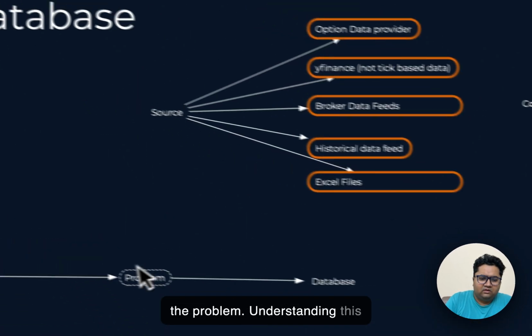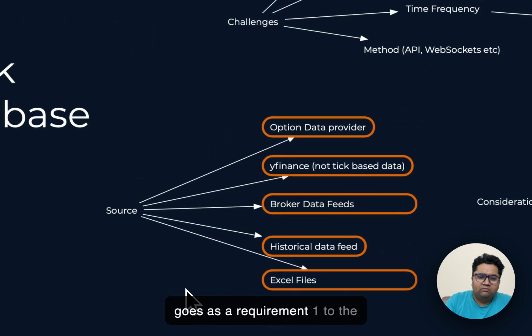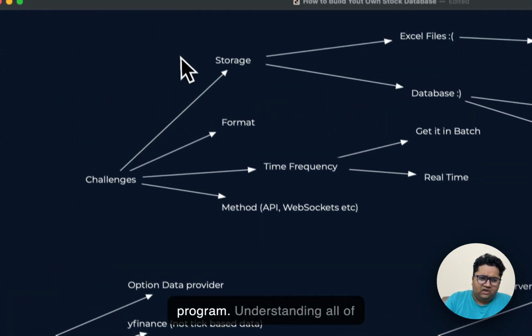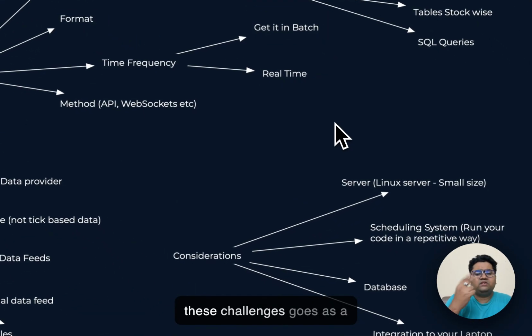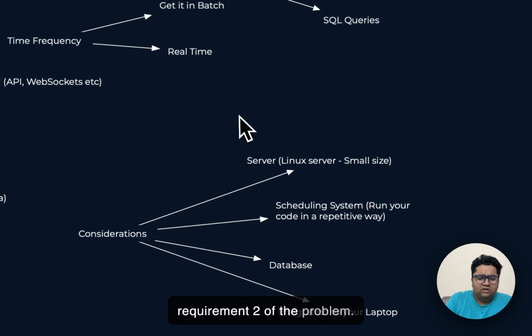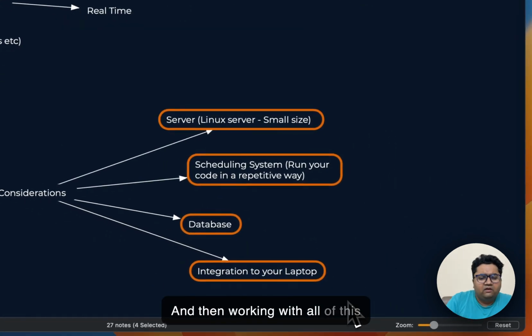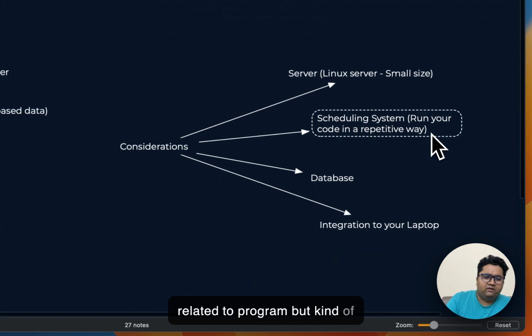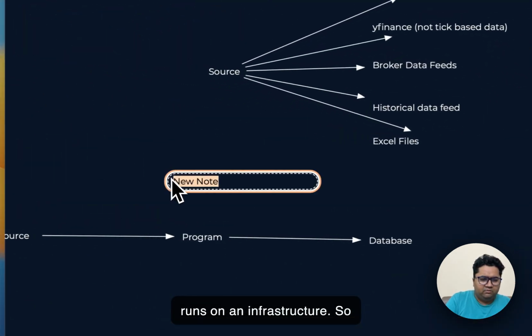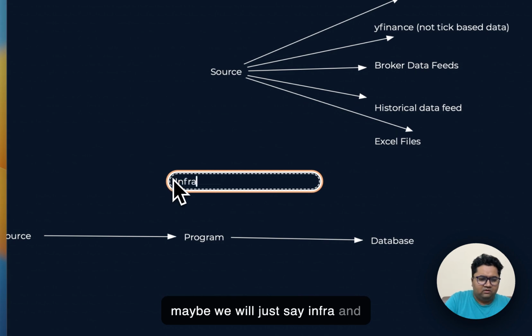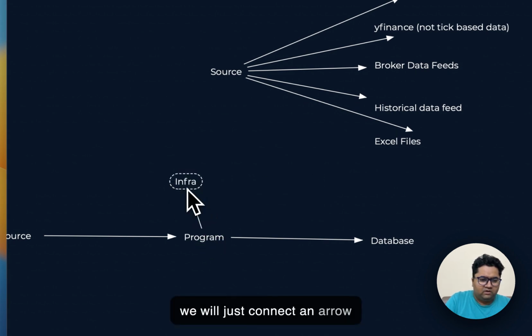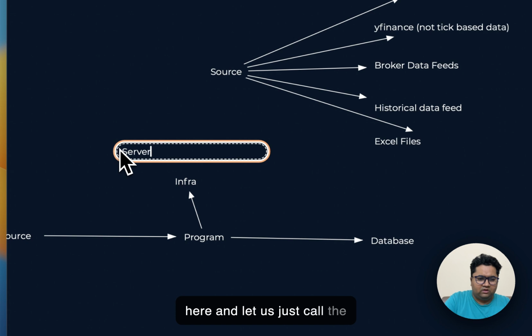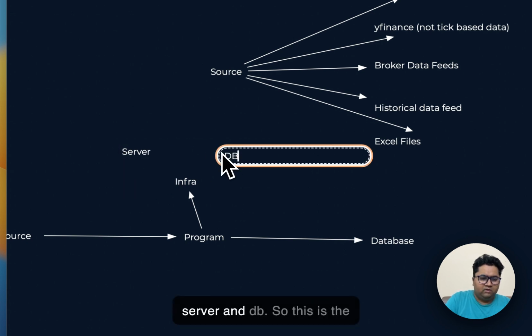Understanding this goes as requirement 1 of the program. Understanding all of these challenges goes as requirement 2 of the problem. And then working with all of this is also not directly related to the program, but runs on an infrastructure. So maybe we'll just say infra, and we'll connect an arrow here, and call it the server and DB.